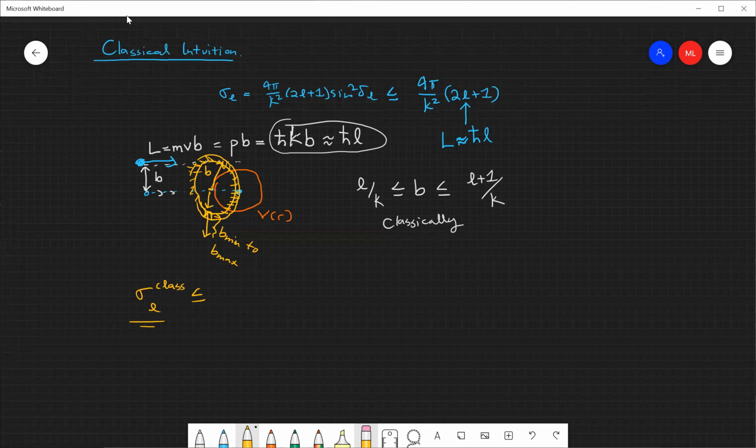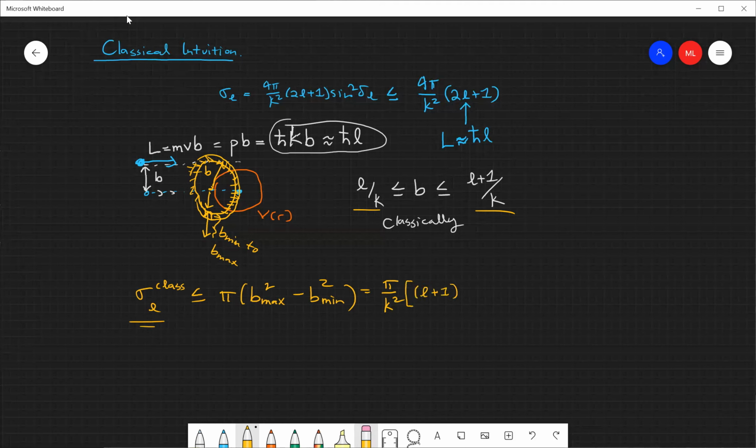So the classical contribution to the scattering cross-section has to be bounded by that area, which is just the area of that disk, or I don't know what you call it, the annulus. So it's the area of the disk of radius B max, minus the area of the disk of radius B min. And we know what these things are. It's just the maximum and minimum values of the impact parameter for those L values.